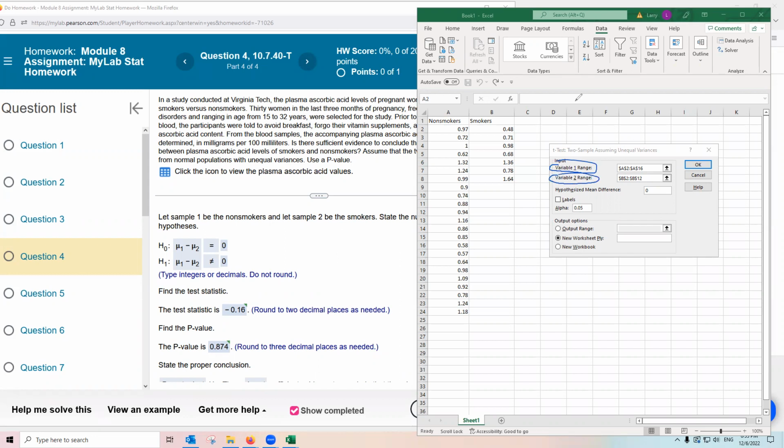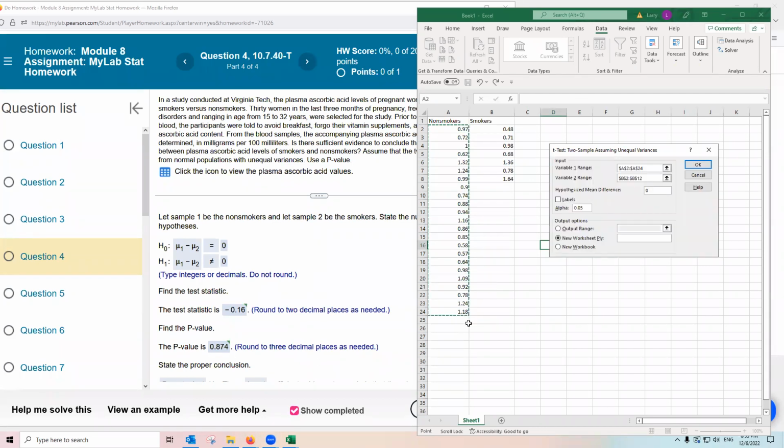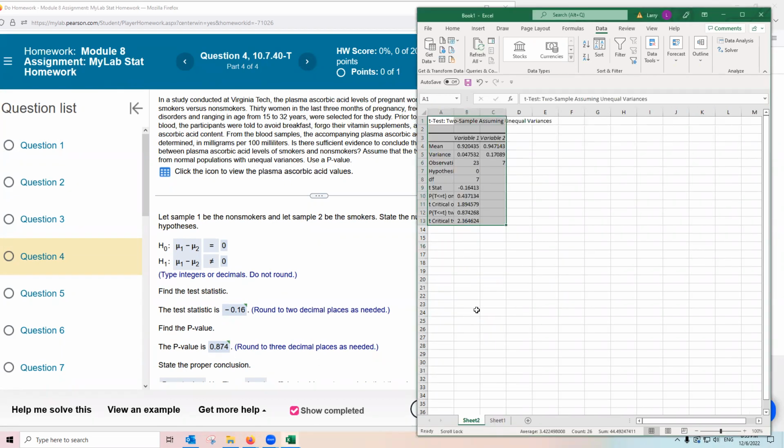Well, the easiest way to do that is click your mouse over here on this little arrow here. I click it, and now I can use my mouse to select this column of data. Okay, and then let me go back. I think that I didn't select the second column, so let me undo that. Bear with me 1 second.